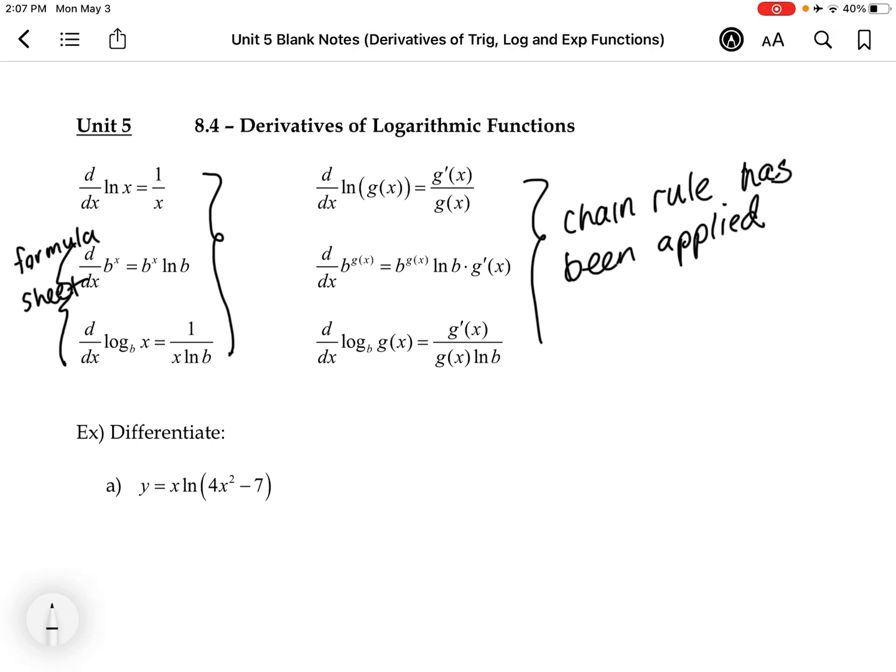You just need to know the three on the left, and how to use the chain rule. We'll look at what that looks like down below. Specifically, you need to memorize the one at the very top: if y equals ln x, y prime equals 1 over x. So we're going to practice doing this.